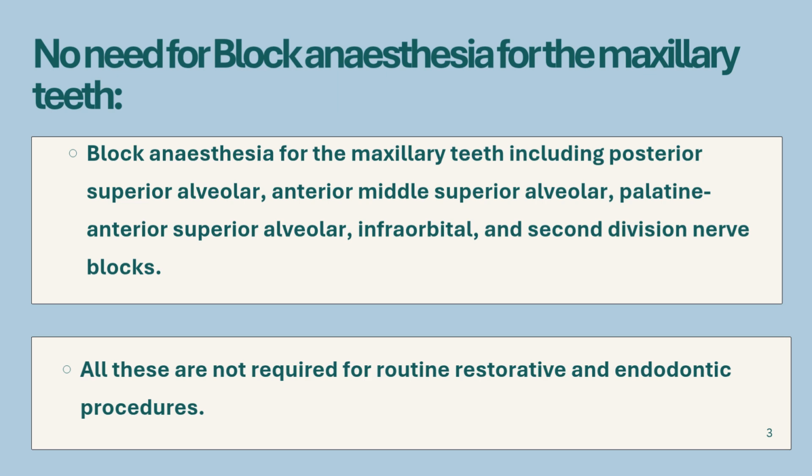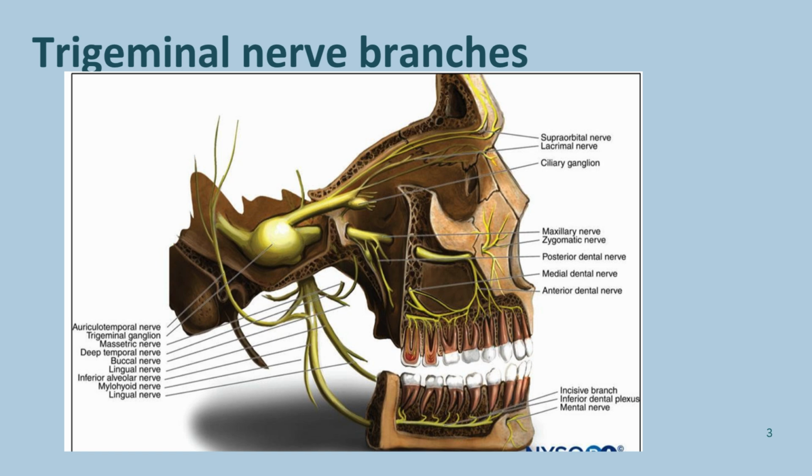Block for these nerves is not required for routine restorative and endodontic procedures. And this is an illustration of the trigeminal nerve branches so that you can go through them and refresh your information and your anatomy.